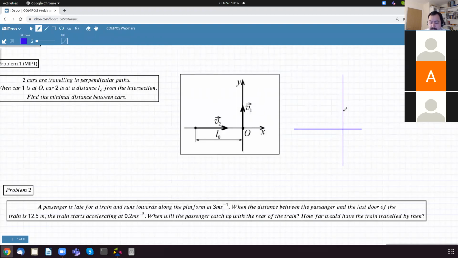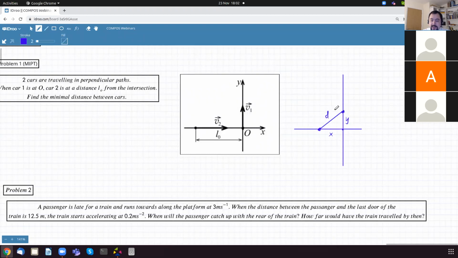Car 1 has moved a distance y, and car 2 has also moved. It used to be here, now it's here. Let's say the distance to the crossroads is x. We need to find the minimum value of this length, and we'll call this d.